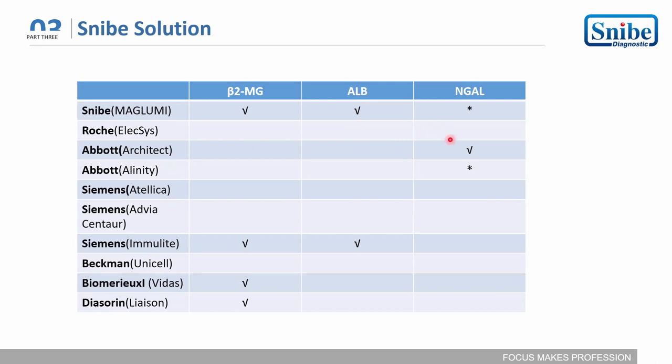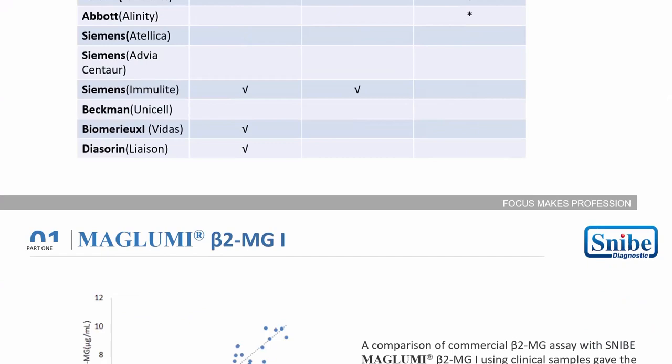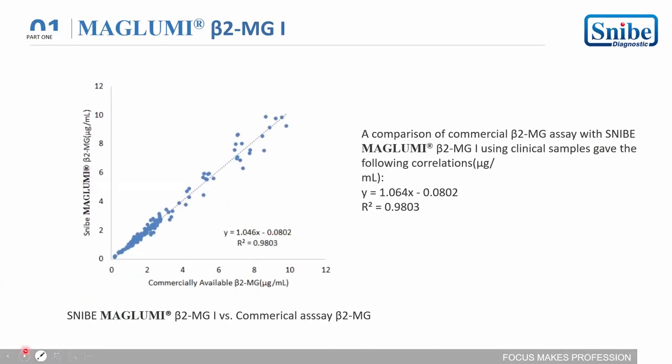The Abbott Architect has NGAL. The LRT is under development, and there are the Siemens Advia Centaur, Atellica, Immulite, and the Beckman Unicel, Vidas, and Lyson. Only the Immulite has beta-2 microglobulin and albumin, while the bioMérieux Vidas has beta-2 microglobulin. So these are the analytes which are comprehensively available from the SNIBE platform.